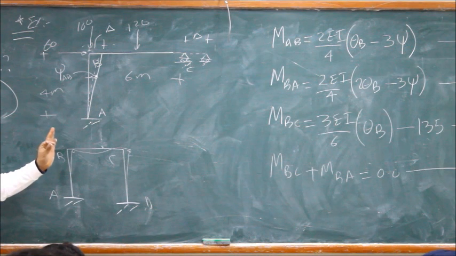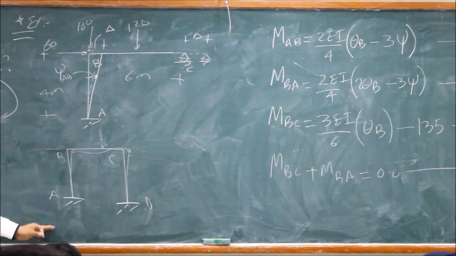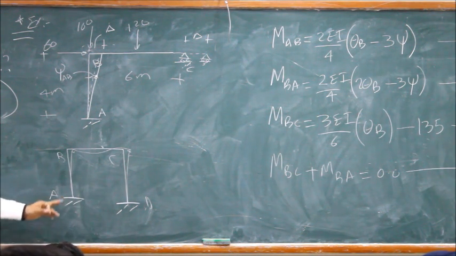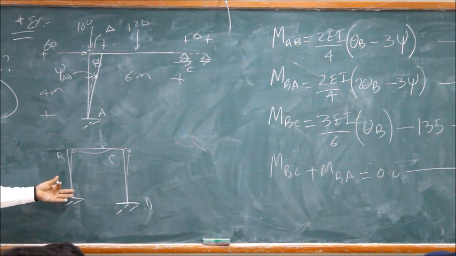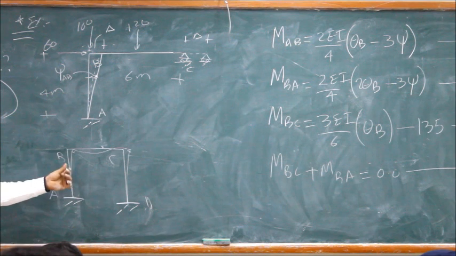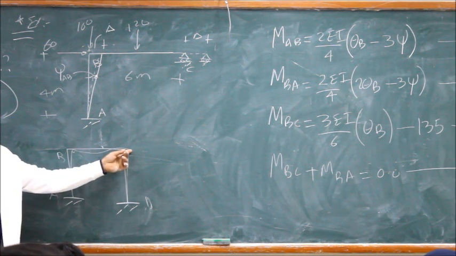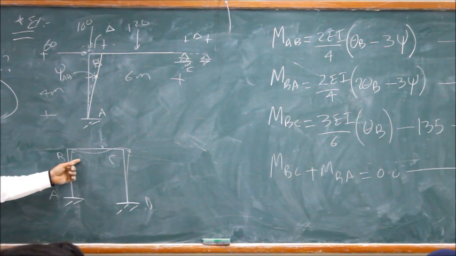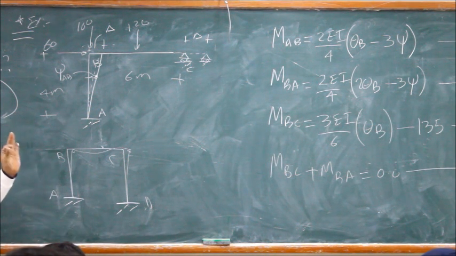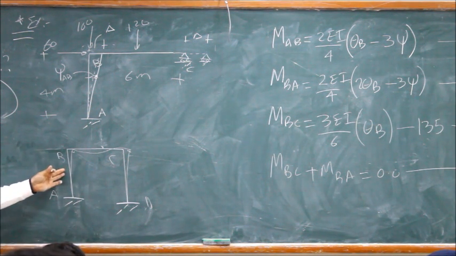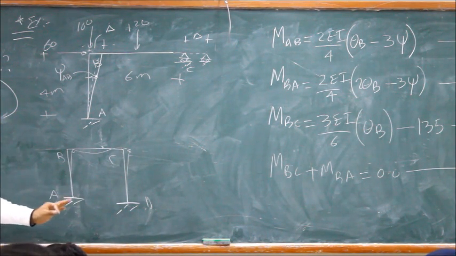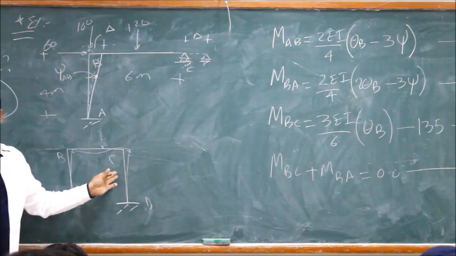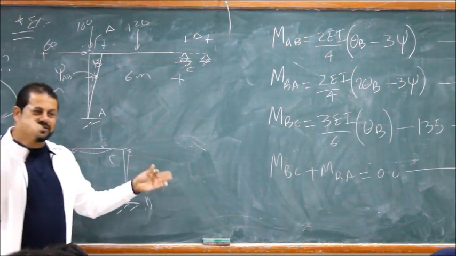What are the unknowns? 6 moments, 2 thetas, and 1 sway. So how many equations do we have? 6 equations, plus 2 compatibility equations, MBA plus MBC equals 0, MCB plus MCD equals 0, that's 8. We still need 1 equation to get sway.